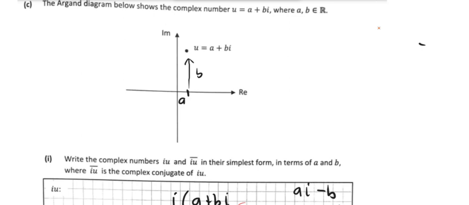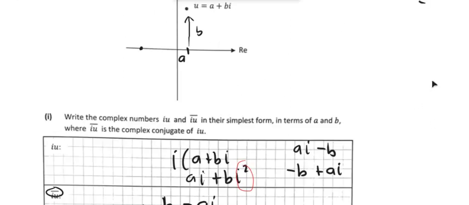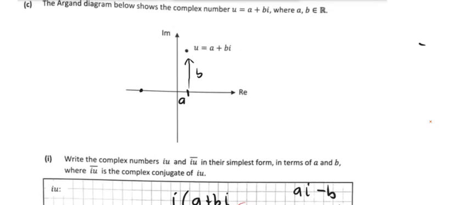So we're going minus b, therefore we need to go a longer distance out to here, and then up the same distance as we went out here. So it should be about here. You can measure it in the exam anyway. So that's going to be iu.